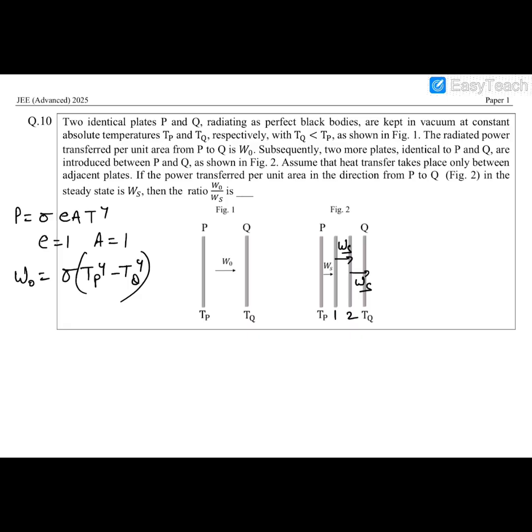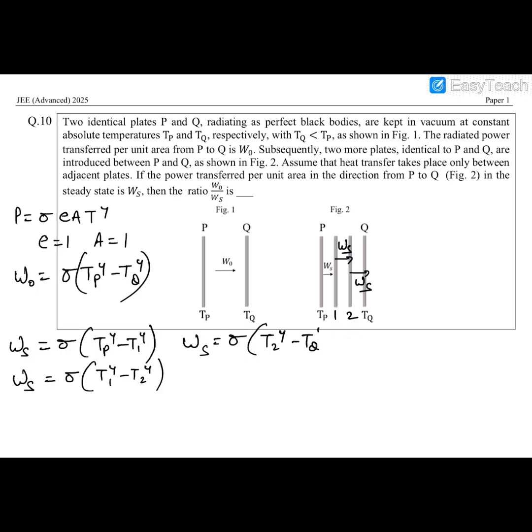Now Ws. So Ws in this case will be equal to sigma into Tp to the power 4 minus T1 to the power 4. Now Ws in the second case will be equal to sigma into T1 to the power 4 minus T2 to the power 4, and Ws for plate 2 and Q will be equal to sigma into T2 to the power 4 minus Tq to the power 4.